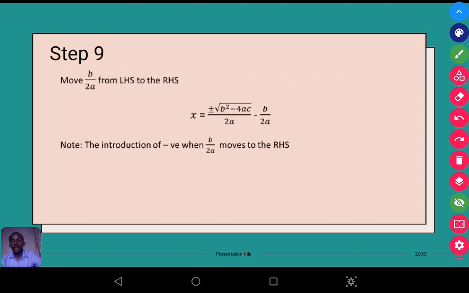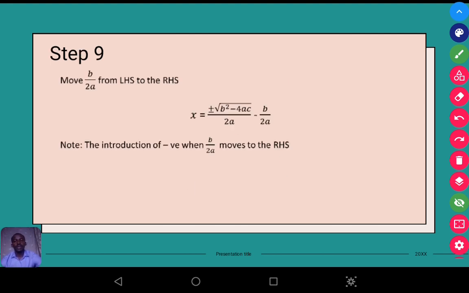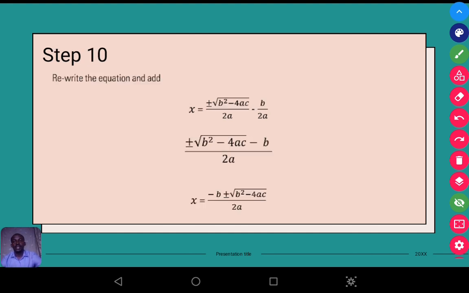Move b over 2a from the left hand side to the right hand side. So the b which we have here moves over here, and then it becomes a negative. Okay, then step 10 says we write the equation and add. Okay, so we add or we subtract depending on exactly what needs to be done.